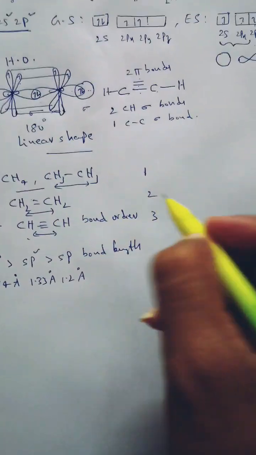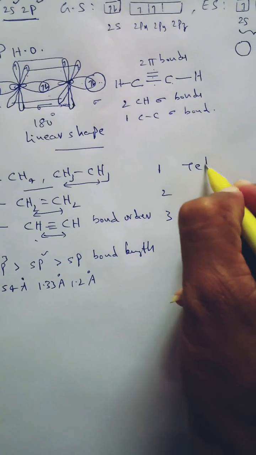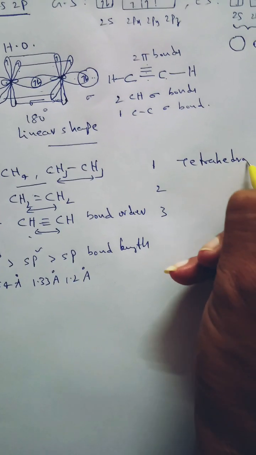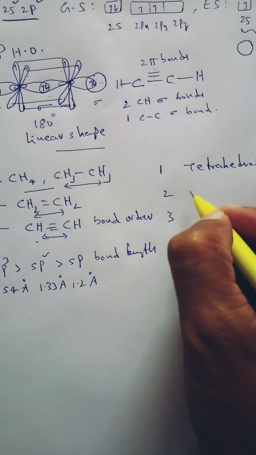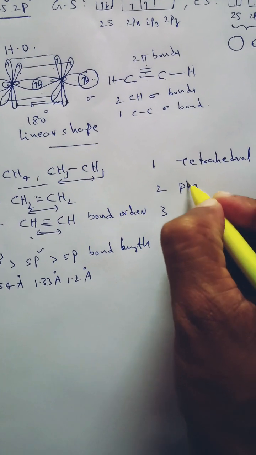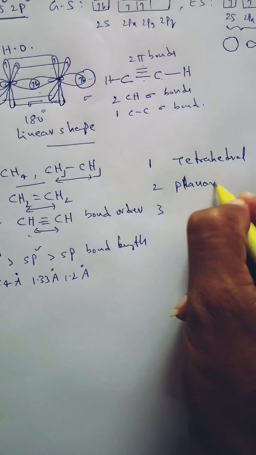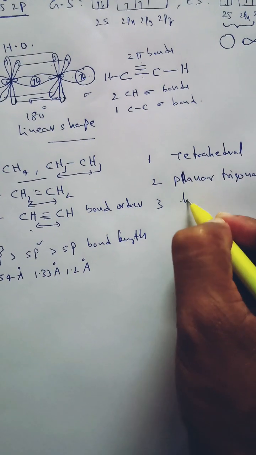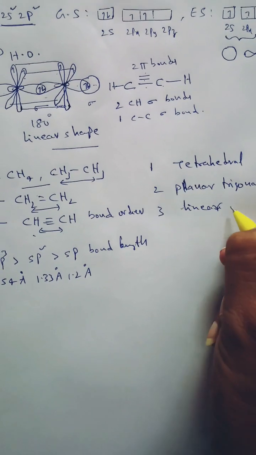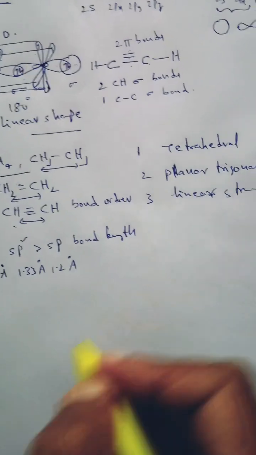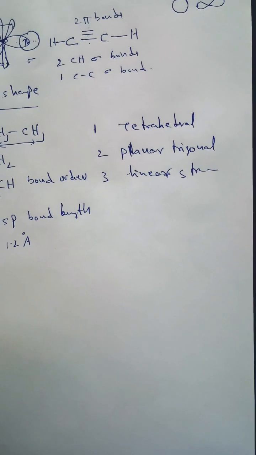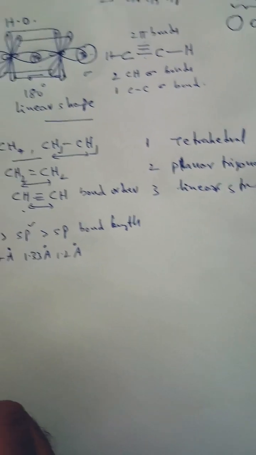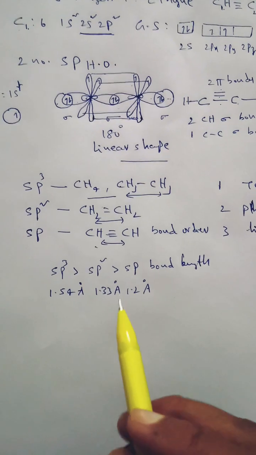So here in sp3, the shape is tetrahedral. Here in sp2, it is planar trigonal. In sp, it is a linear structure. Okay, so this is about the hybridization.